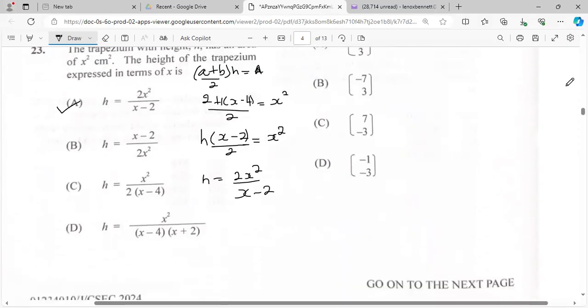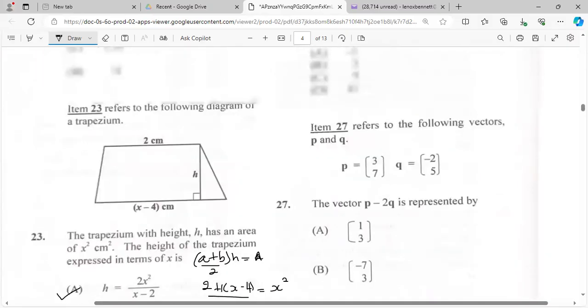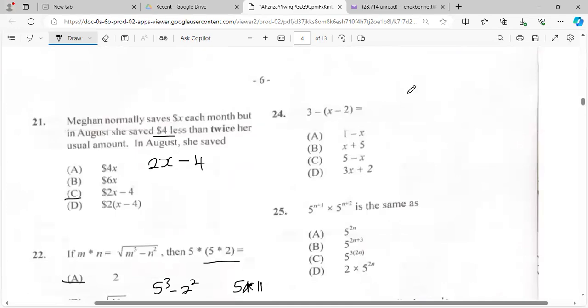Alright, so that's 23. Let's stop at 30. 24, 3 minus x minus 2, so we remove the bracket, x that are going to give minus x, negative times negative, positive, and then that will give 5 minus x.